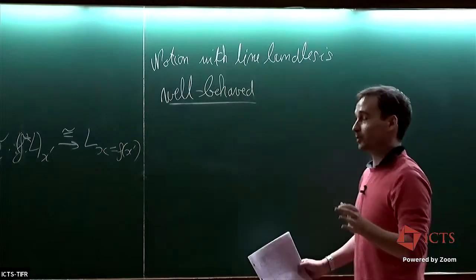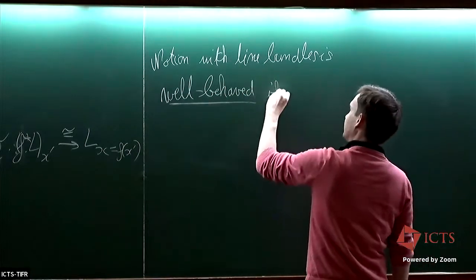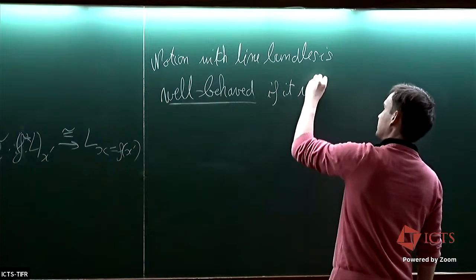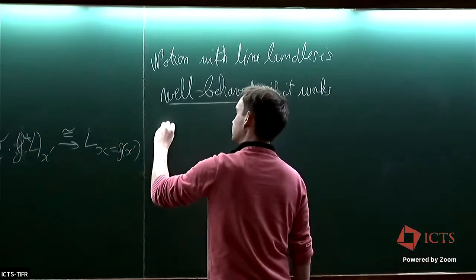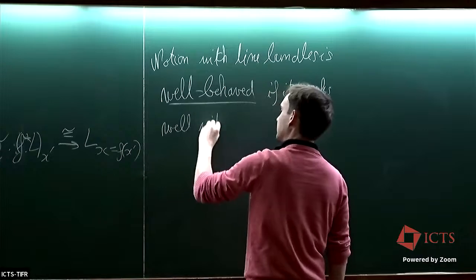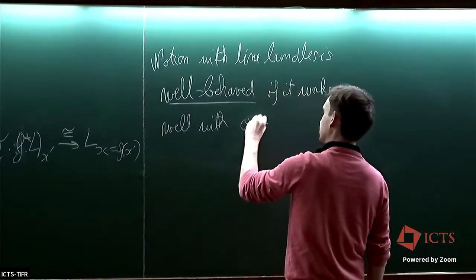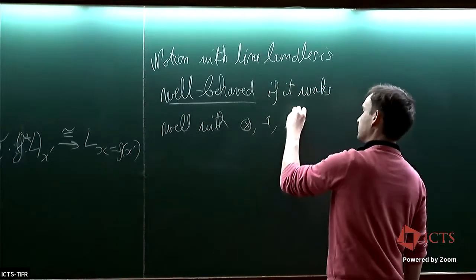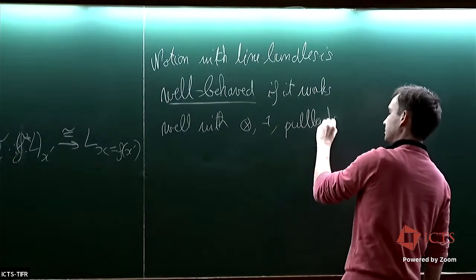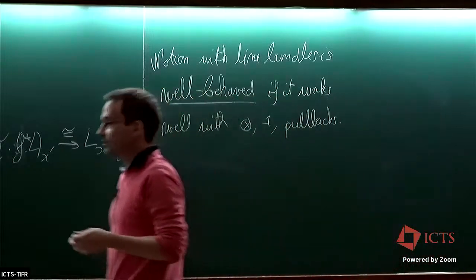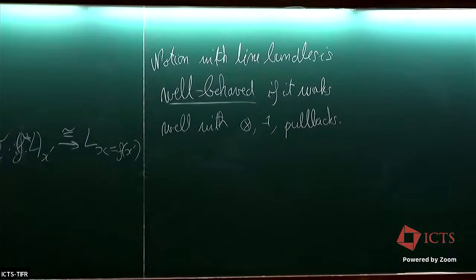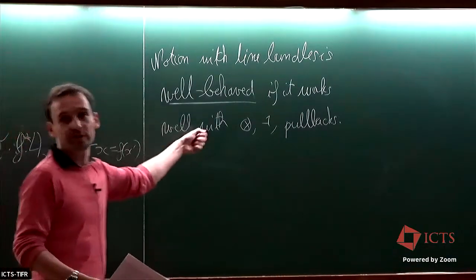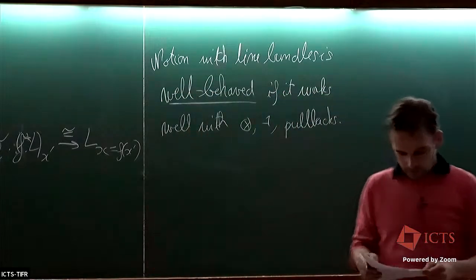It's of course a bit vague. It works well with tensor product, inverse and pullback. Meaning if it's a definition, you can extend for pullbacks, tensor products, as you imagine. And if it's a property, it's also compatible with this kind of operation. All right.